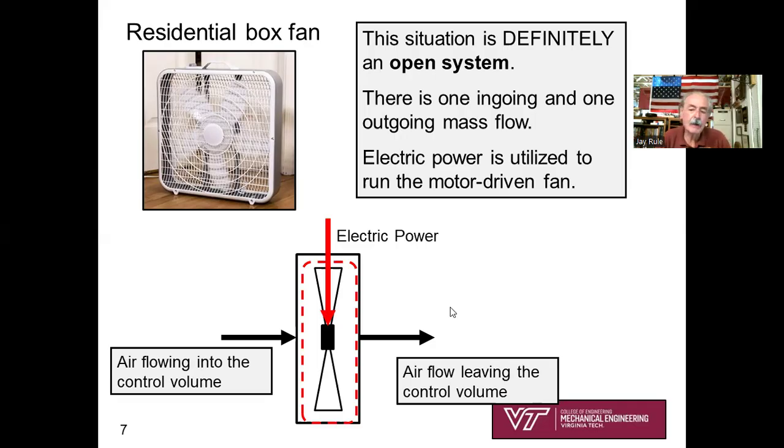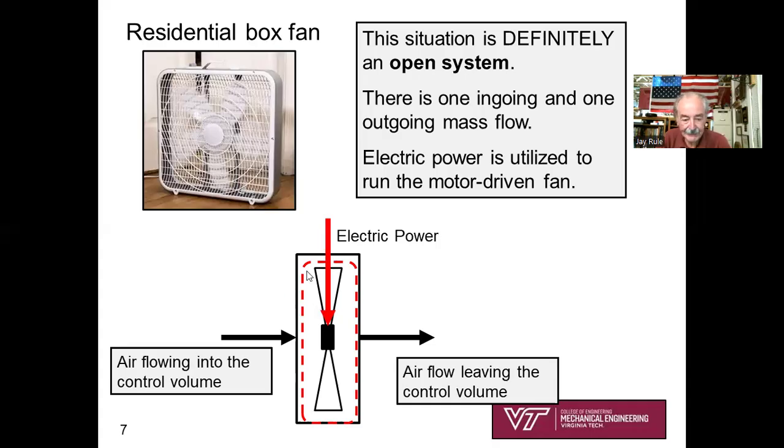Well, how would I draw a hand-drawn sketch of this box fan? Well, I'd show a rectangle in side view. I've tried to show the fan blades in cross section. I'm going to show electric power going into my sketch because I plug it into the wall, because it's driven by an electric motor.